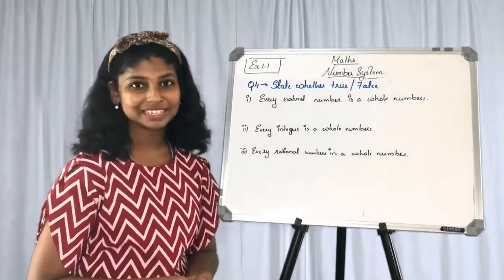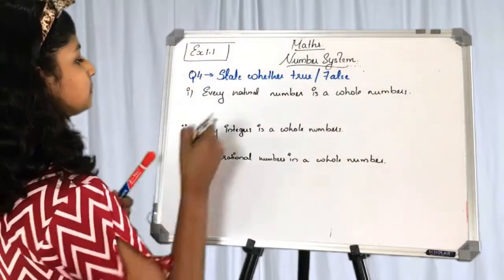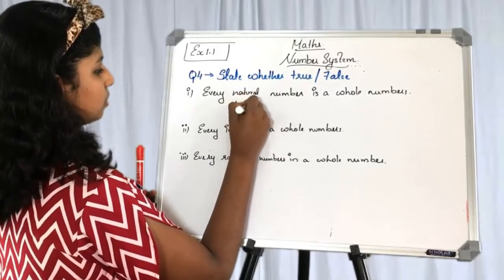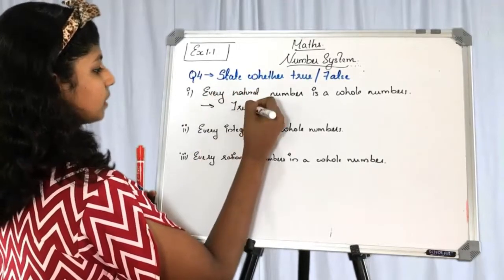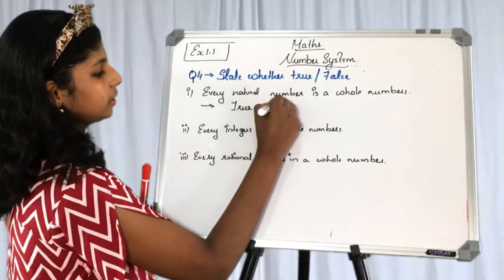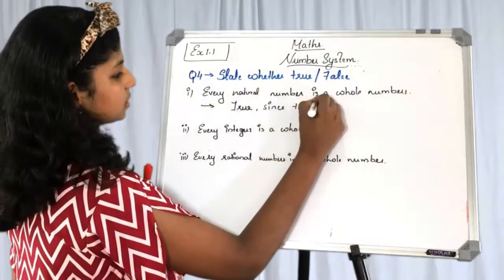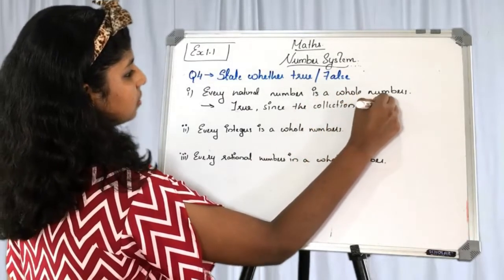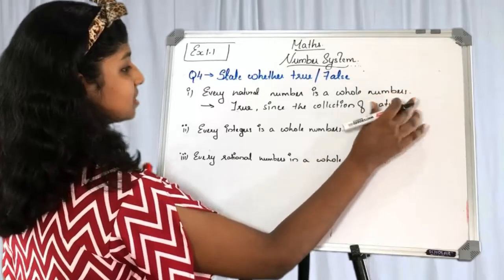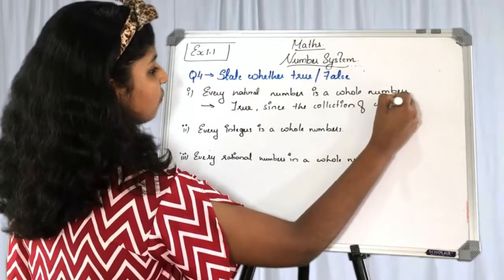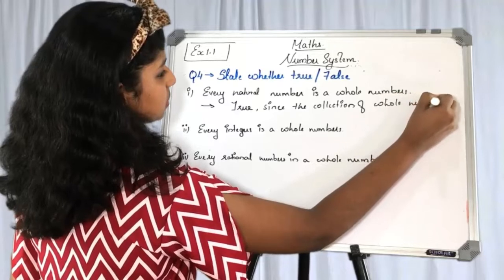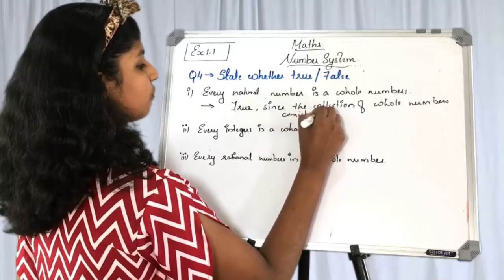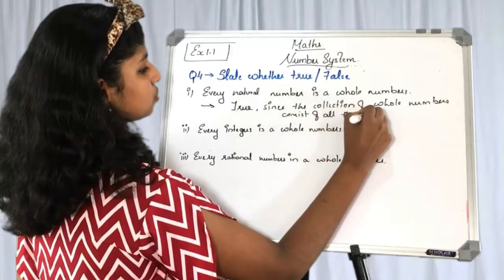So this statement is true, since the collection of whole numbers consists of all the natural numbers.